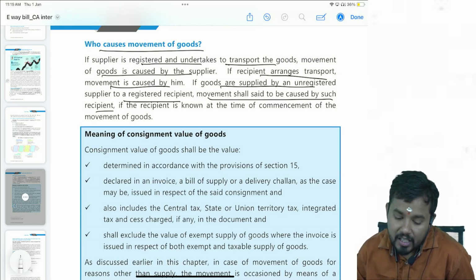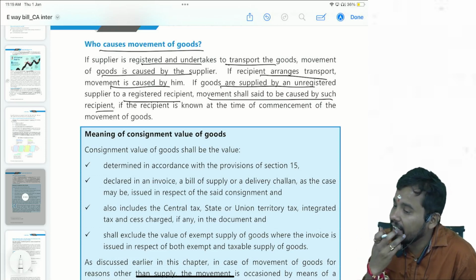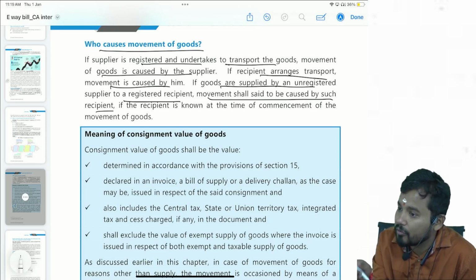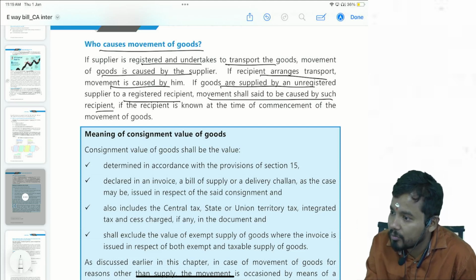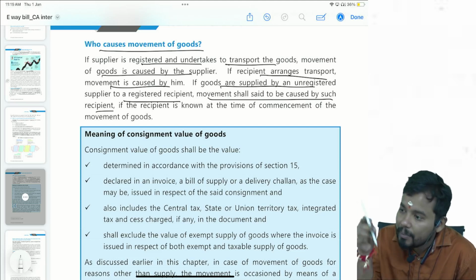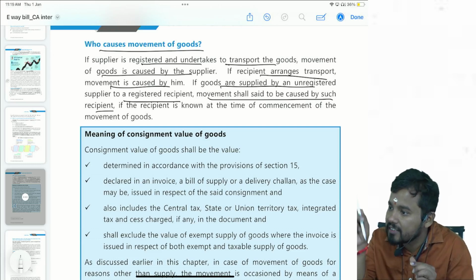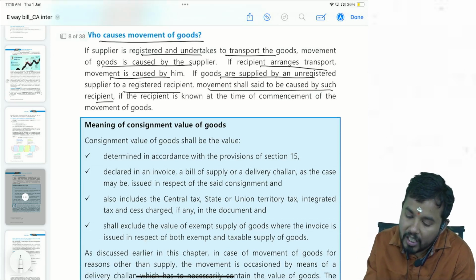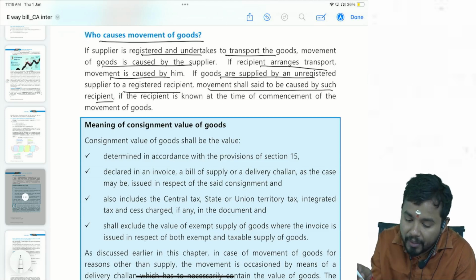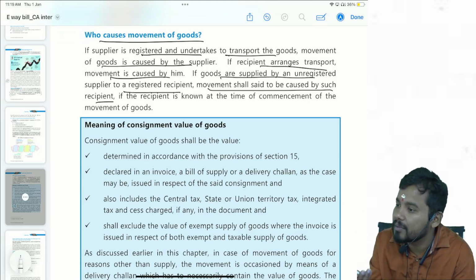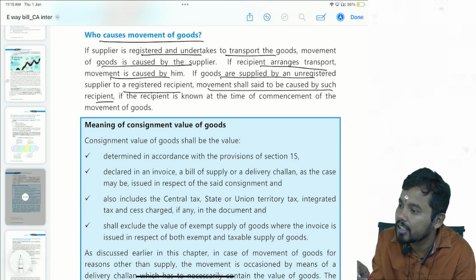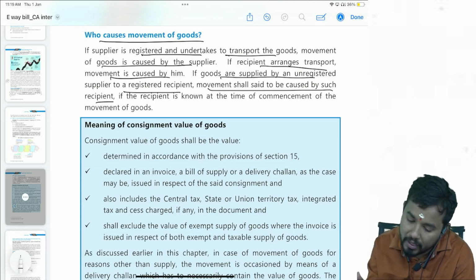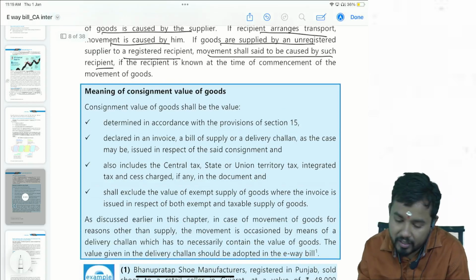If the supplier is registered and he undertakes the transportation of goods, then the supplier is causing the movement. If the recipient arranges the transportation, then the recipient is causing the movement. If goods are supplied by an unregistered supplier to a registered recipient, then who is causing the movement? The registered recipient is causing the movement. Okay, now able to understand?